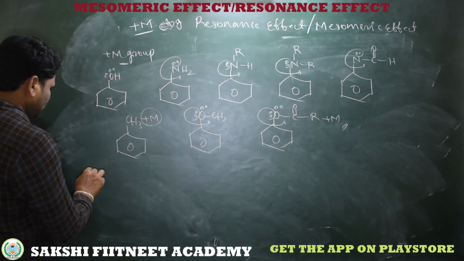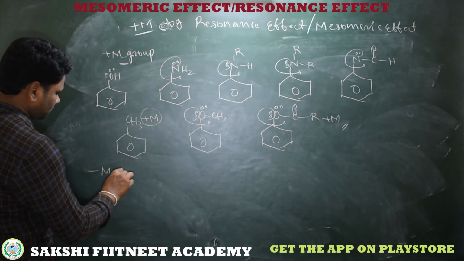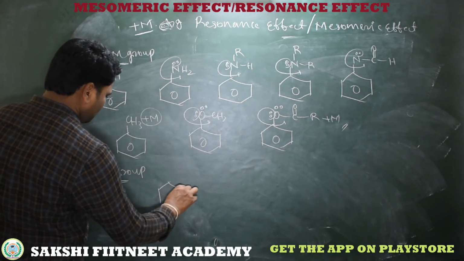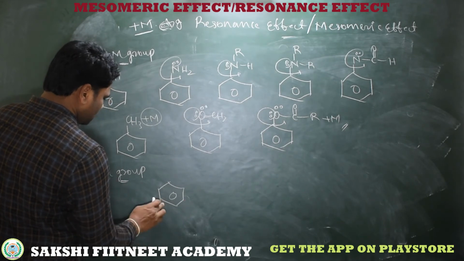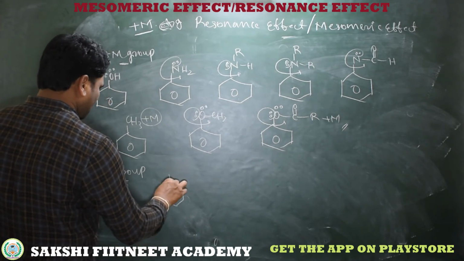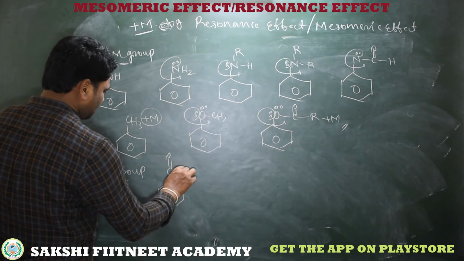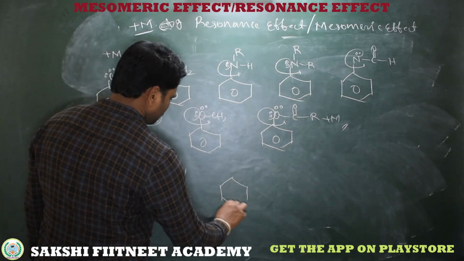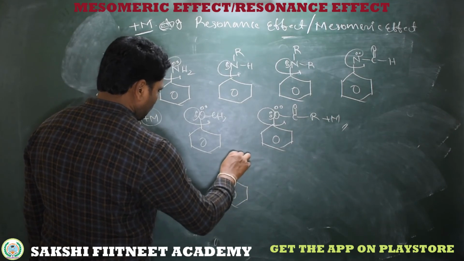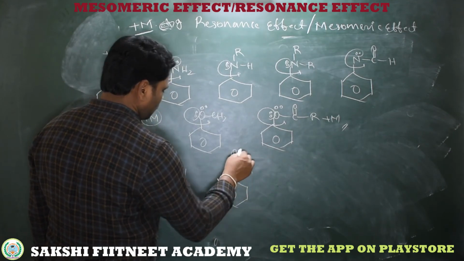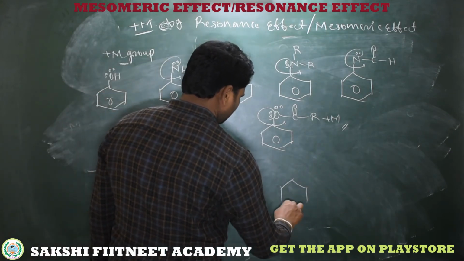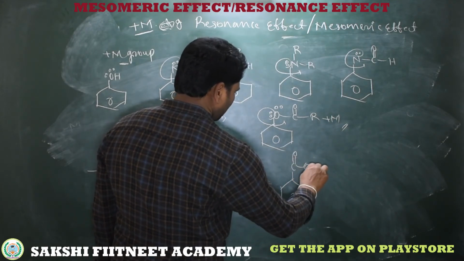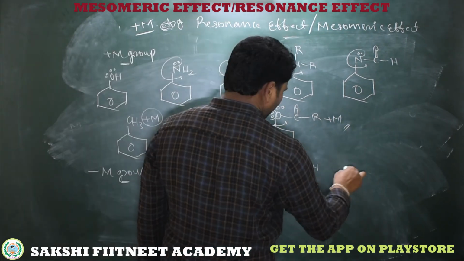Now coming to minus M groups on benzene, which give minus M effect. So here benzaldehyde, due to carbonyl carbon; here ketone, due to carbonyl carbon; here carboxylic acid, due to carbonyl carbon, that is benzoic acid.